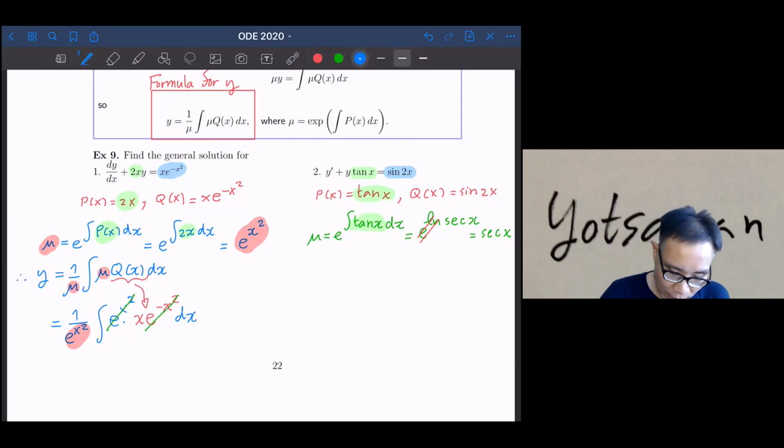So you basically obtain 1 over e to the x squared times the integral of x dx.